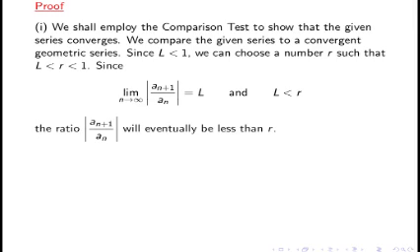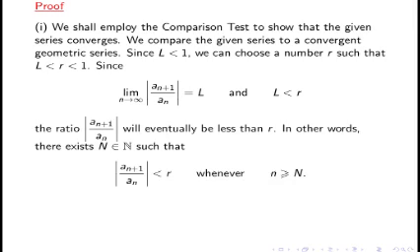We must hit such a point. And so we will be able to find a natural number capital N with the property that the absolute value of a_(n+1) divided by a_n is less than r whenever n is greater than or equal to capital N.